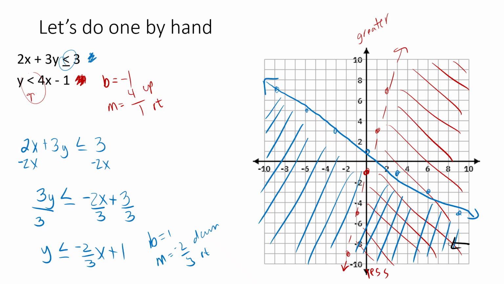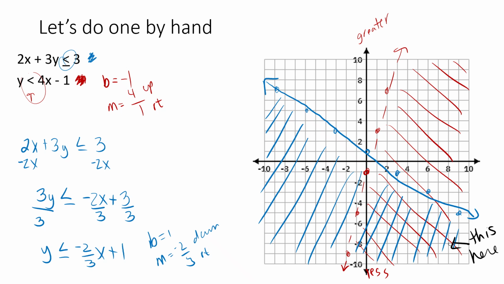And if you think it's unclear, write your teacher a note. This region right there, that's the one. Make sure that you can see the dots for the lines. You can see whether the lines are solid or dashed lines, and that the region of overlap is very clear.